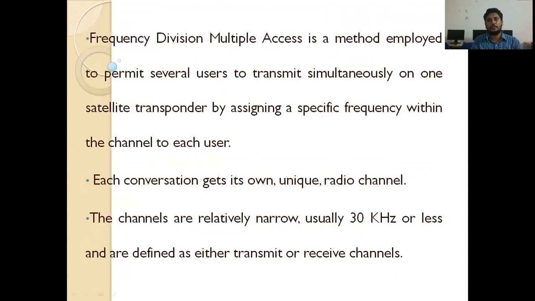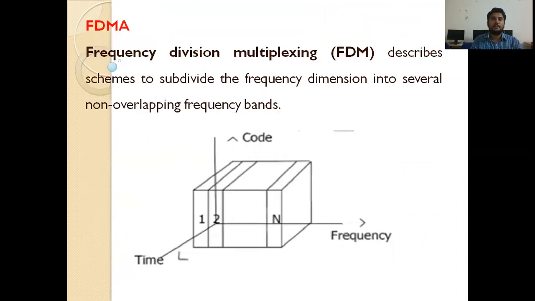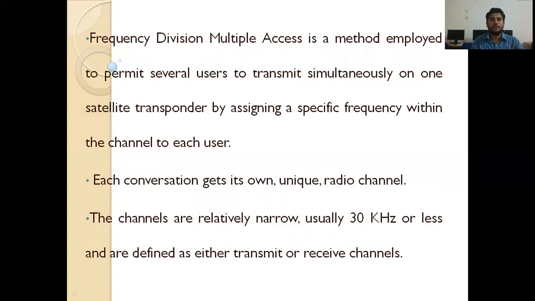We covered mainly FDMA and TDMA, frequency division multiple access and time division multiple access. In FDMA, the frequency dimension is subdivided into several non-overlapping frequency bands. But in TDMA, time slots are allocated to each user.